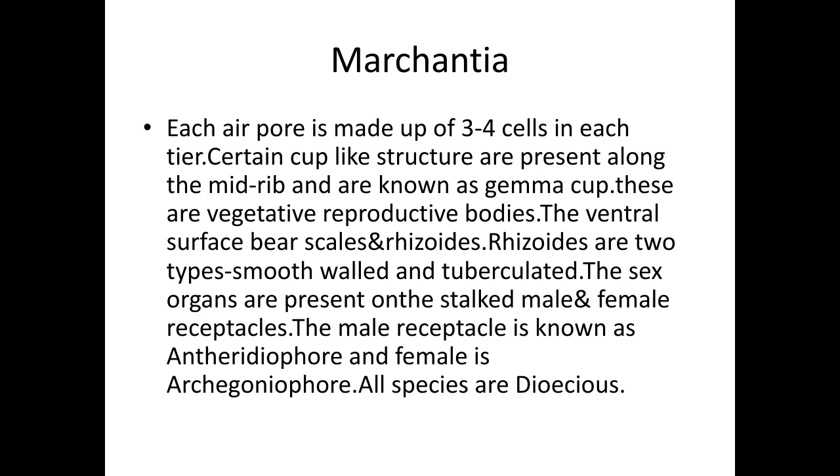Certain cup-like structures are present along the midrib and are known as gemma cups. A gemma cup consists of lens-shaped bodies known as gemmae. A gemma is detached from the gemma cup and falls on moist soil.